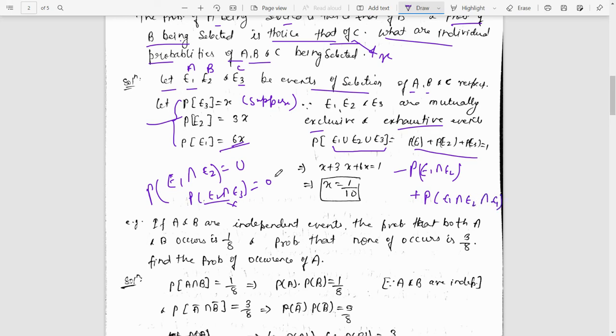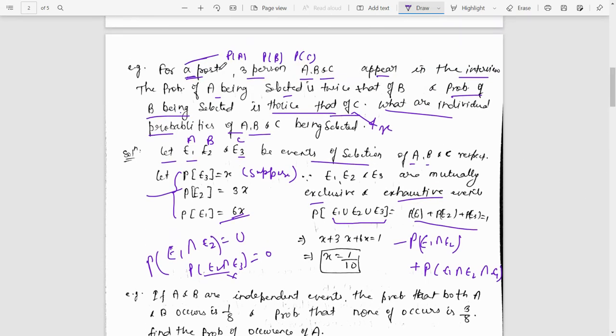We saw that these intersection terms are already excluded because there is only one post. The question itself is about only one post, and we can't select two people together. So this probability is not part of the problem. We are left with just the summation part because these terms are already zero.